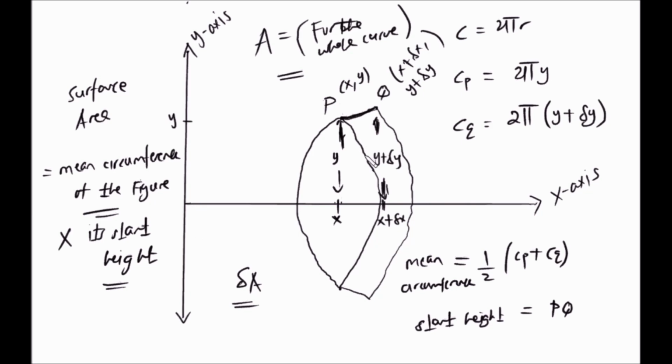Surface area ya hii figure yetu sasa itakuwaje? Ambayo ni delta A. Delta A itakuwa sasa na 2 pi, so we have y plus delta y over 2 times delta x sec theta.